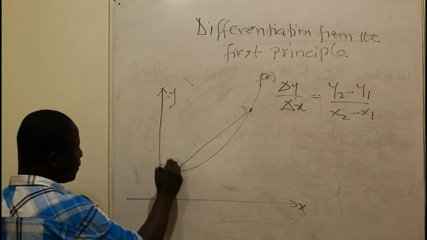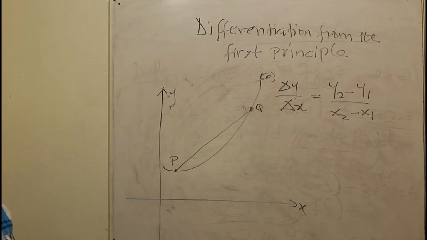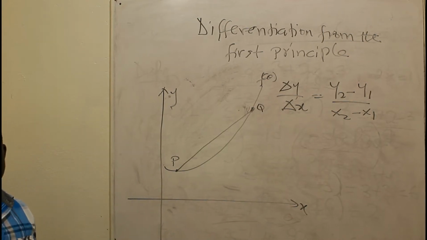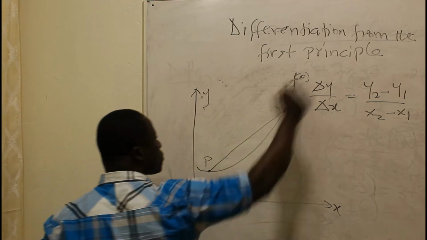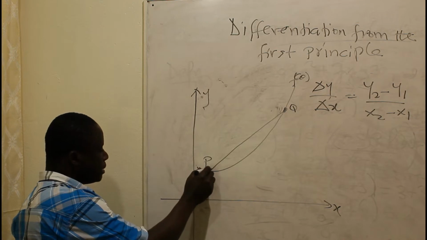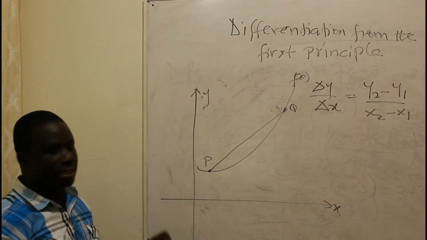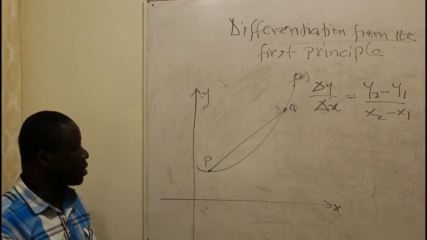If I name this point P and the next point here Q, PQ is a chord. Some will describe it as a secant because the line can cross the curve. If it crosses, then the entire line will become a secant. But if it is just touching at P and Q like that, then the line is a chord.